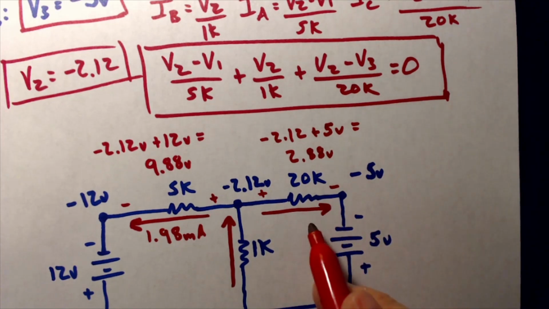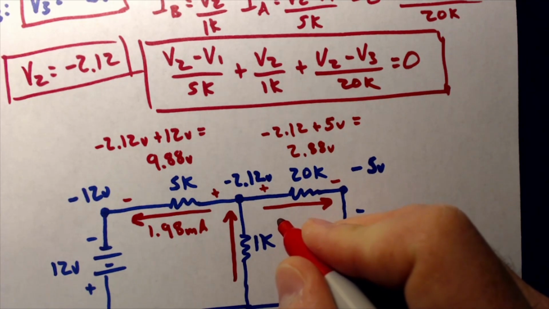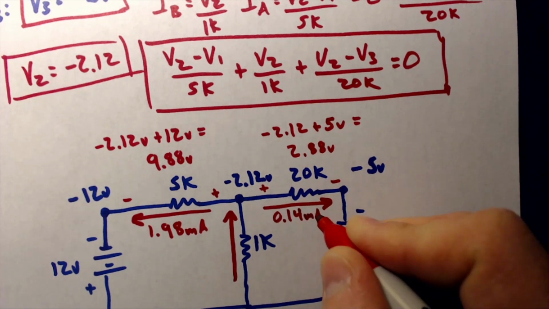Okay, so now to figure out the current, 2.88 divided by 20K. 2.88 divided by 20,000 gives us 0.14 milliamps.